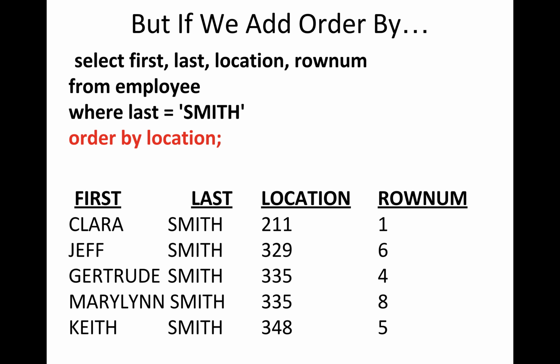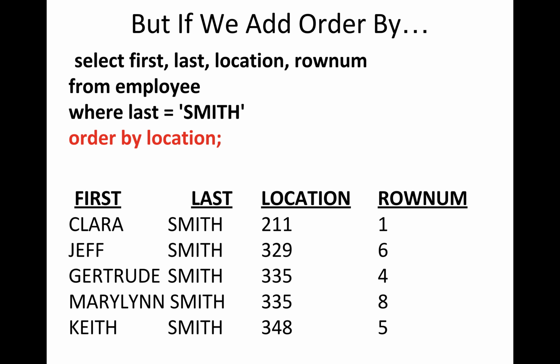But once you sort by some other field like location, you lose the value of ROWNUM, because no longer can you do a nice, clean query: give me the first 5. Number 2 might fall somewhere else in the order by location, or if you order by last name, or something else. You lose the value of ROWNUM.